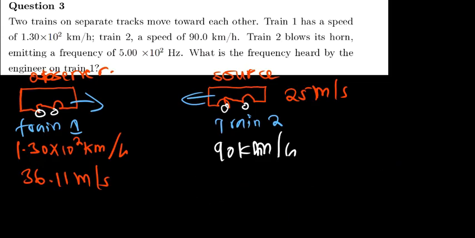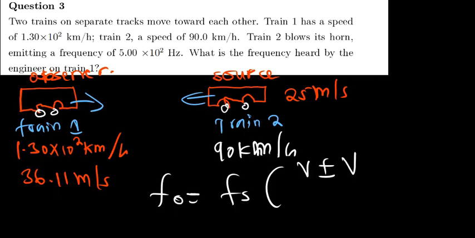Now the formula which we need to know under Doppler effect is this. This is the general formula. The frequency of the observer is given by the frequency of the source times v plus or minus the velocity of the observer, divided by v minus or plus the velocity of the source.